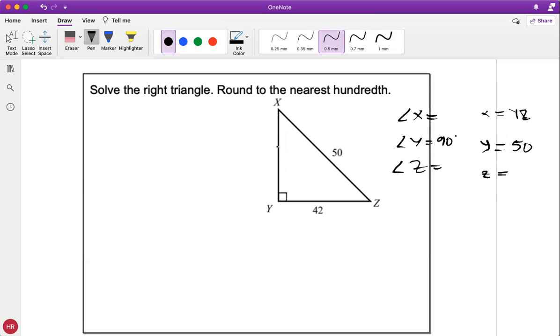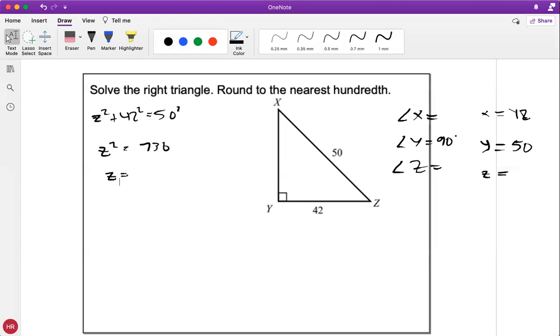I know that Z squared plus 42 squared should equal 50 squared. And then you can subtract 42 squared from both sides. And if you punch it in the old calculator, 50 squared minus 42 squared is 736.